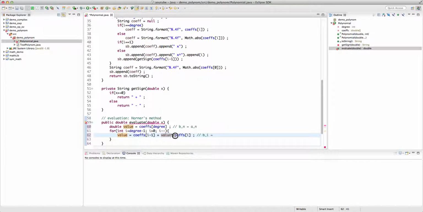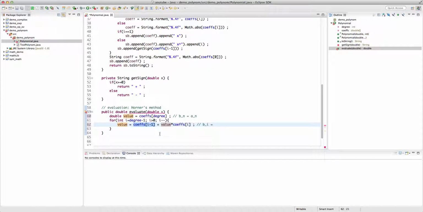We take the coef i multiplied by x plus the next coefficient. Okay, so bi is a i minus 1, or ai, minus 1 plus b, maybe that's ai plus b i plus 1 times x0 or x.